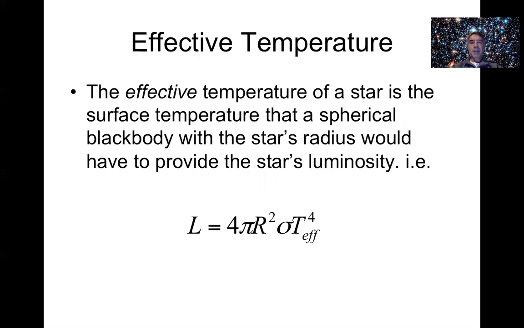We can use this formula to define the effective temperature of a star. It's defined as the surface temperature that a spherical black body would have with the same radius as the star, and that would provide the star's luminosity. So if we knew the luminosity of a star and we knew its radius, then we could work out the effective temperature of the star that way.